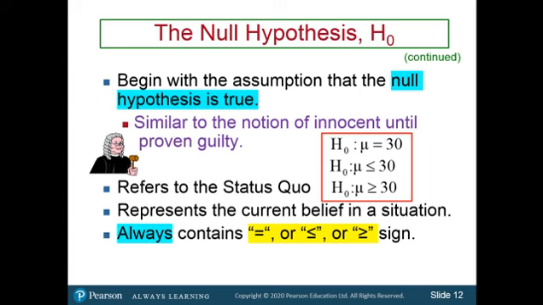Mu greater than or equal to 30. So in these three cases, we have an equal sign for every null hypothesis. So don't forget, always use an equal sign for your null hypothesis. Your null hypothesis may or may not be rejected.